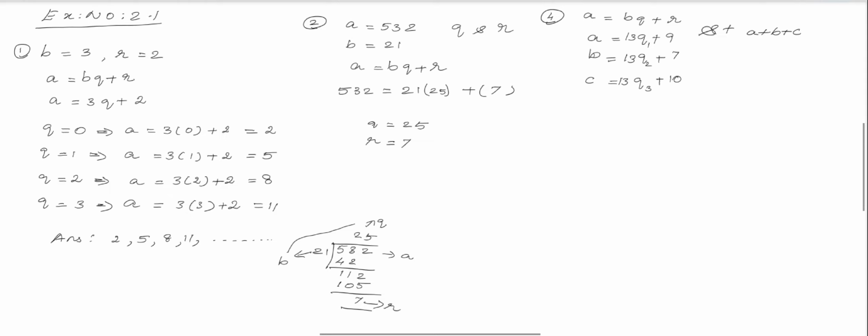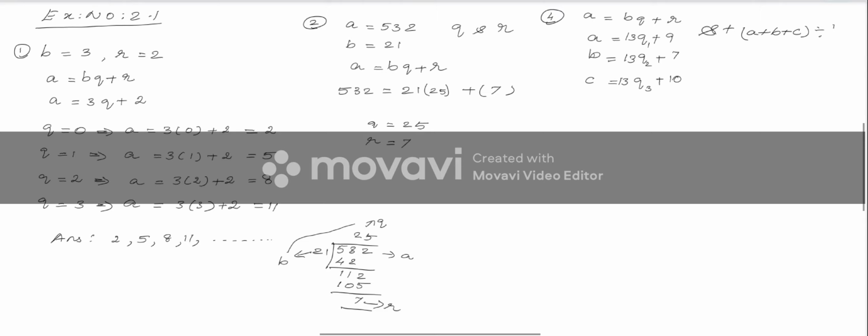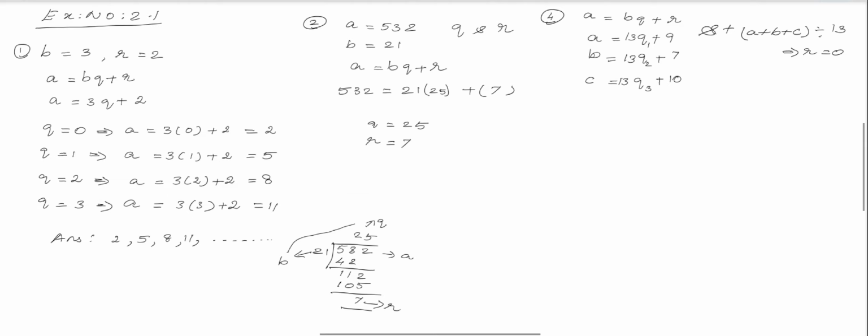You are asked to show that A plus B plus C is divisible by 13. That means your remainder is 0. Clear, girls? Now let's start solving it.